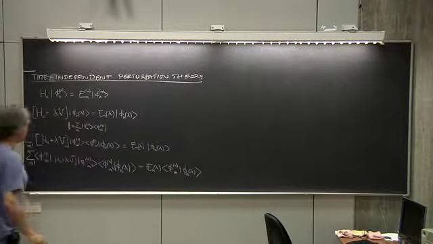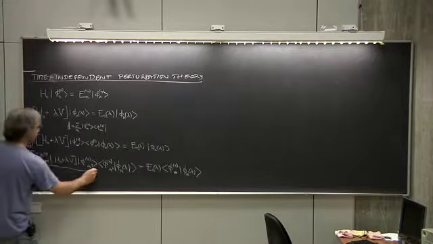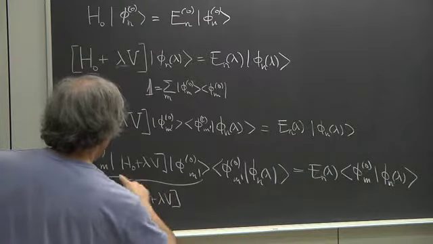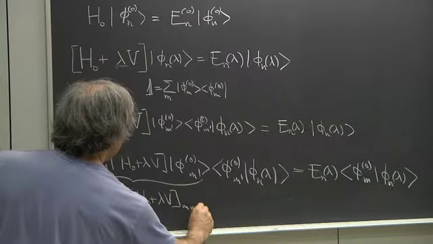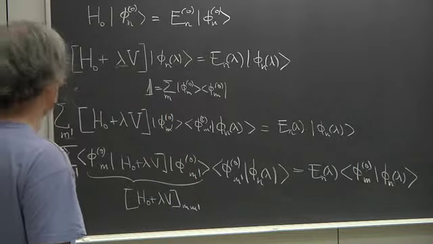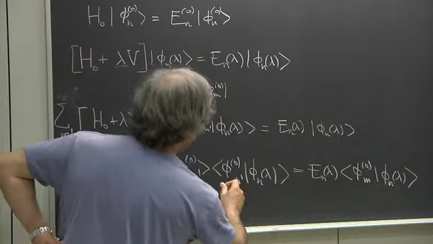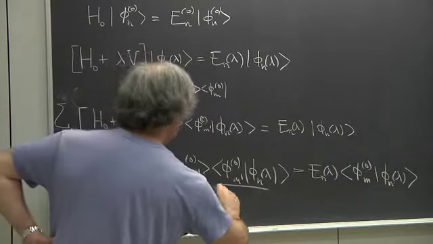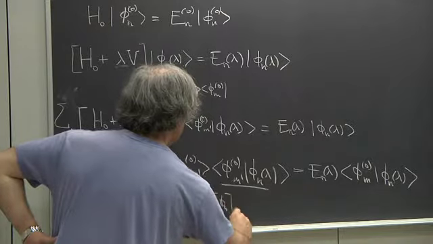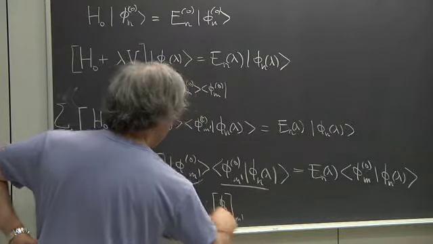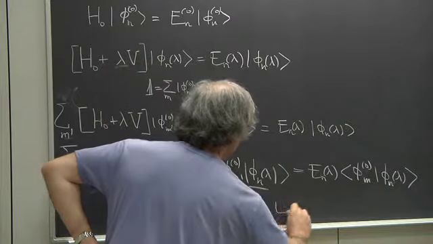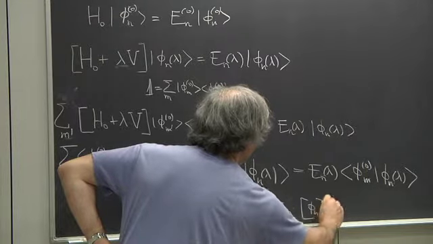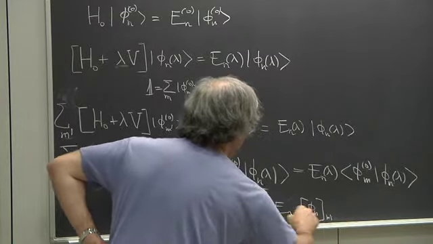Now you see this is a matrix. Let's call it H0 plus lambda V in the basis of my original eigenstates multiplied by the vector representing the phi n in the basis. So the phi n component m prime, summed, equal to some energy times the vector phi n component m.